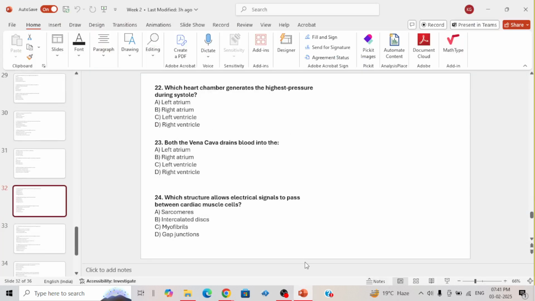Which heart chamber generates the highest pressure during systole? Tell me. Which heart chamber generates the highest pressure during systole?